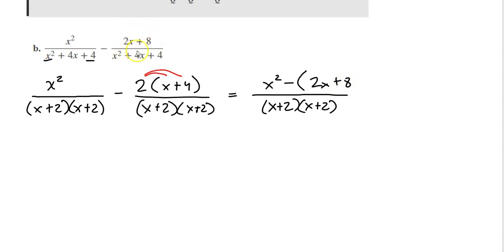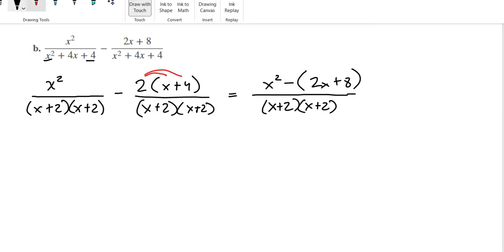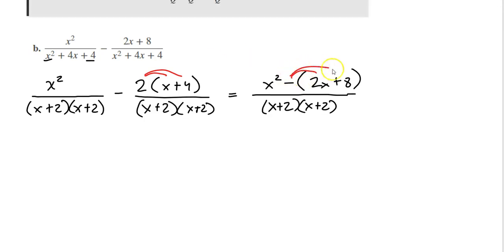Notice here, I didn't even have to factor that out. I ended up having to put it back together. So sometimes you do that, sometimes you don't. But notice now I have a subtraction symbol there. I'm going to need to take this subtraction and distribute it inside there.